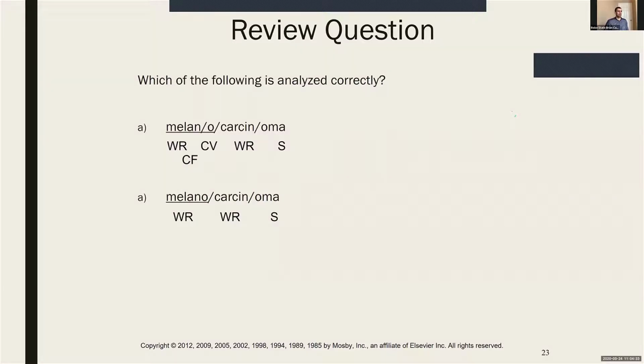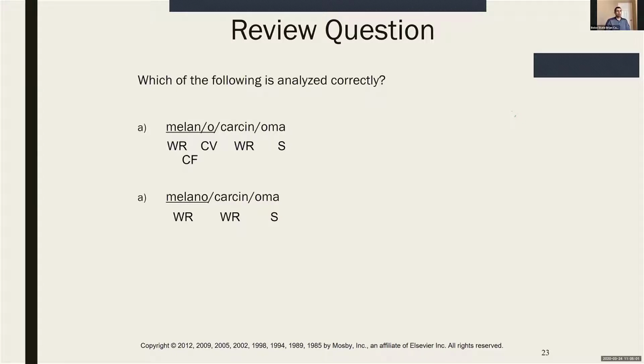So a quick review question, and if you guys have already looked at the PowerPoints that were posted online, try to shield your eyes from that right now, because it does have the answer on it. But if we look at these two terms here, which of the following is analyzed correctly using the principles that we looked at yesterday? We have the same word, melanocarcinoma, but we have them separated differently.